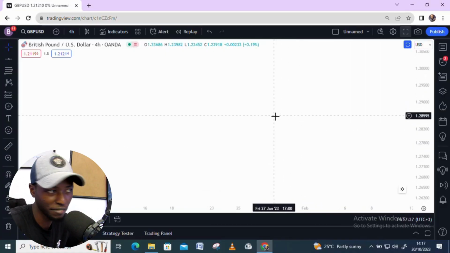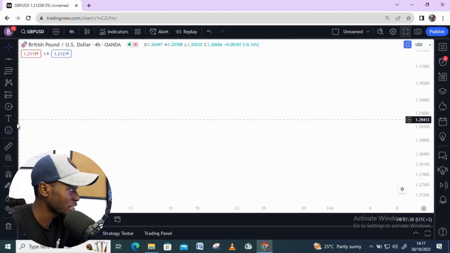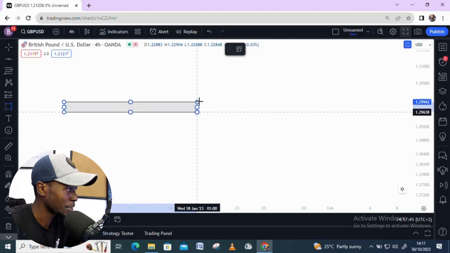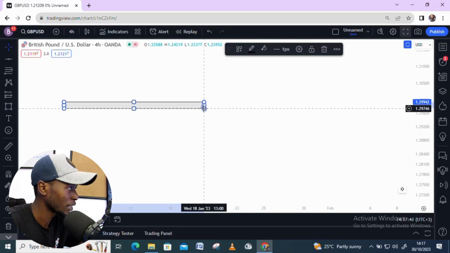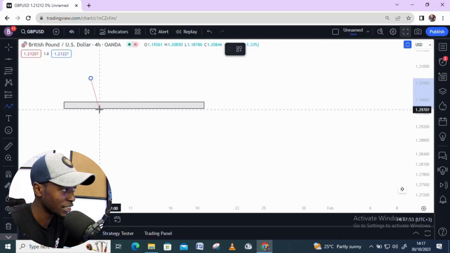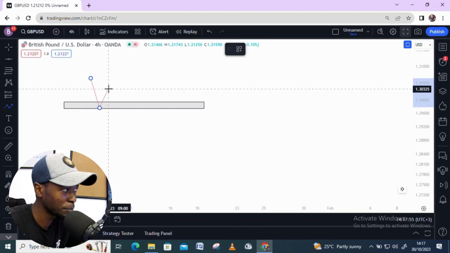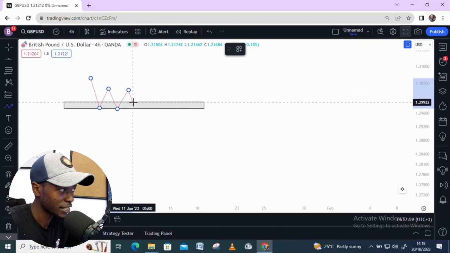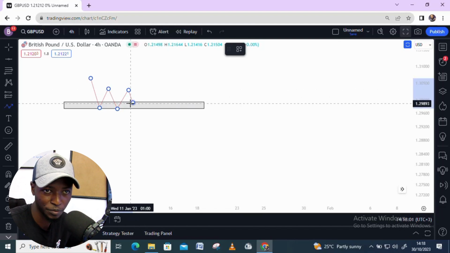So basically, what is support and resistance? For a brief, this is support. A market comes and finds multiple resistances from this zone. This becomes a support zone.